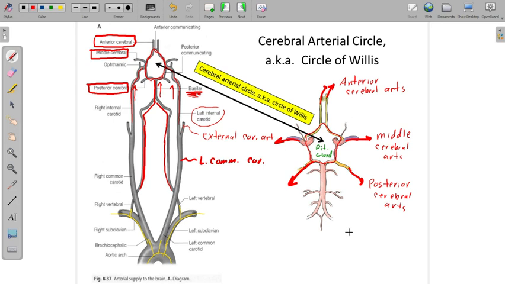So you can figure out what these blood vessels would be that merge. So here's the basilar artery again. So these would be the vertebral arteries. And that's our circle of Willis.